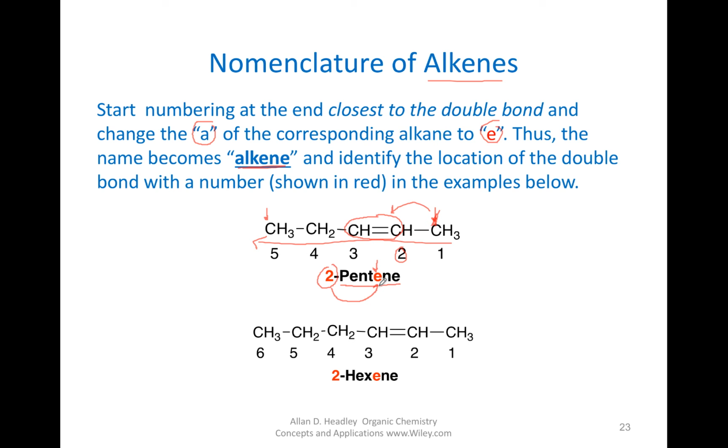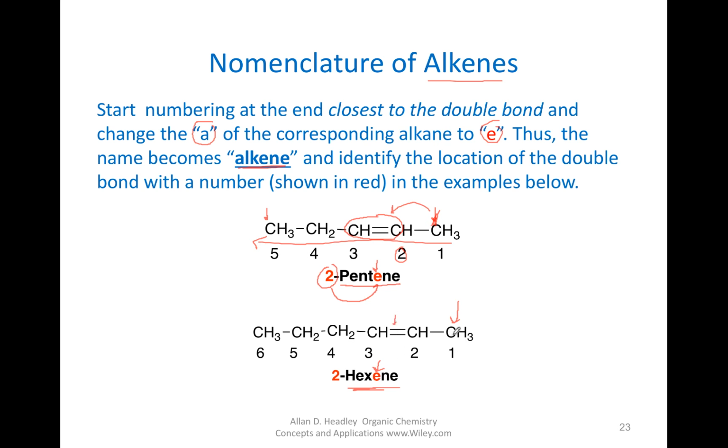Let's look at this other example. Apply that principle here. Here again, this has 6 carbons. We know we start numbering from here. So it's a hexene. Notice we changed the A from hexane to an E because it has a double bond.